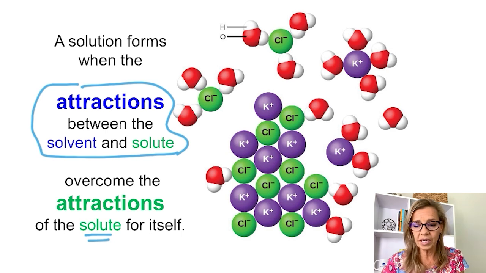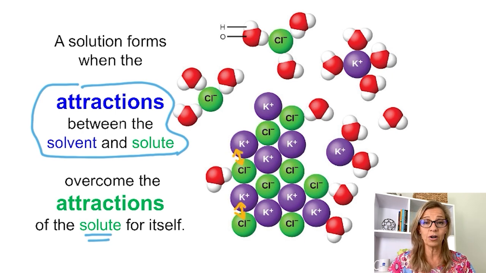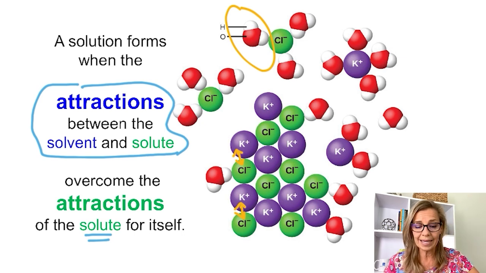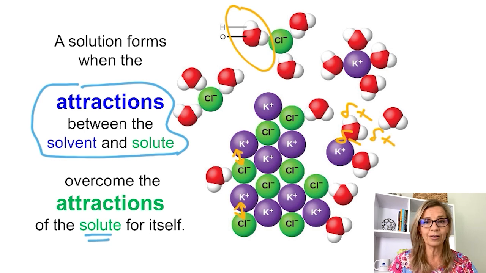So what's going on here is we've got these ionic bonds, right? All the potassium ions are attracting all of the chloride ions. So it's a very strong ionic bond. So here comes water, and that would be these little molecules here. Now remember that water is a dipole. It has a slightly negative end, and that would be the oxygen end, and a slightly positive end, which is the hydrogen end.